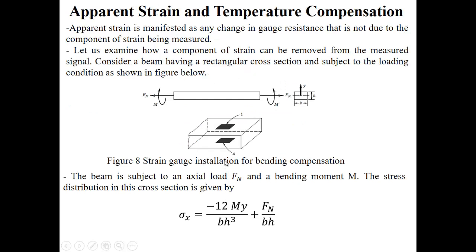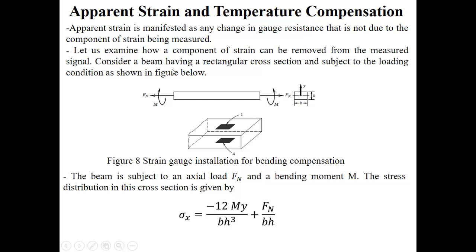Okay, the apparent strain and temperature compensation. What is important for the apparent strain and temperature compensation? Apparent strain is manifested as any change in a gauge resistance that is not due to the component of strain being measured. Let us examine how a component of strain can be removed from the measured signal.